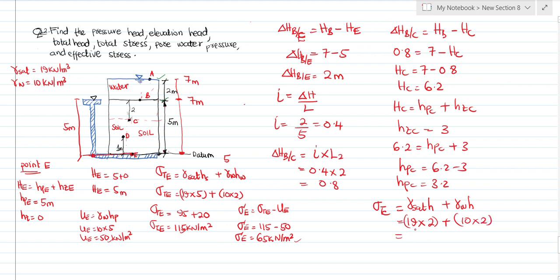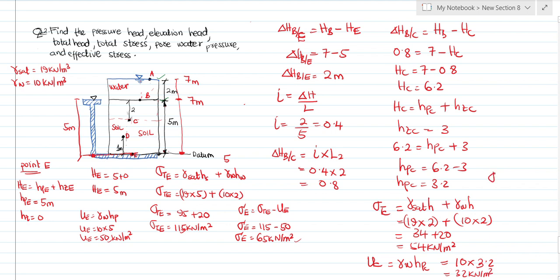So we are going to get 38 plus 20, and that will be 58 kilonewton per meter squared, right? So the pore water pressure at C is going to be gamma of W times the pressure head at C. You get it? So 10 times pressure head 3.2, that will give us 32 kilonewton per meter squared.